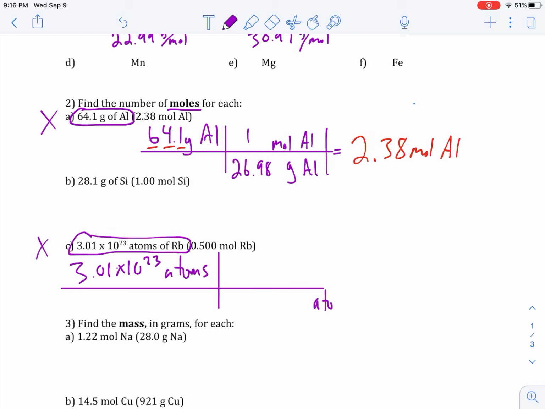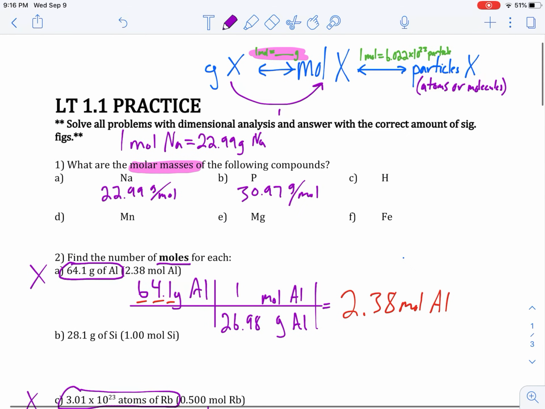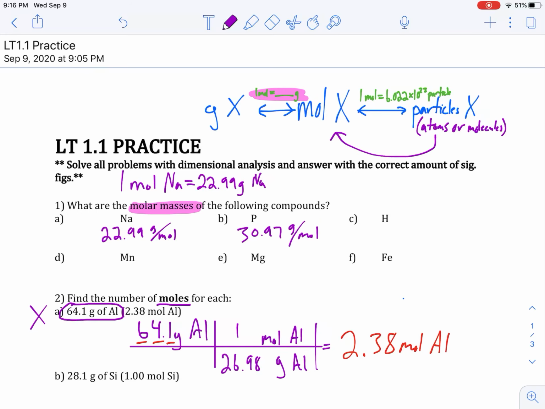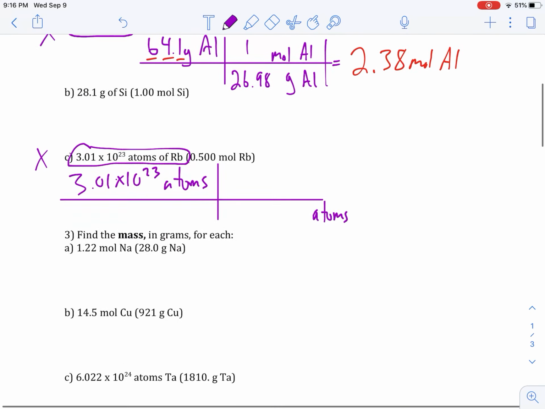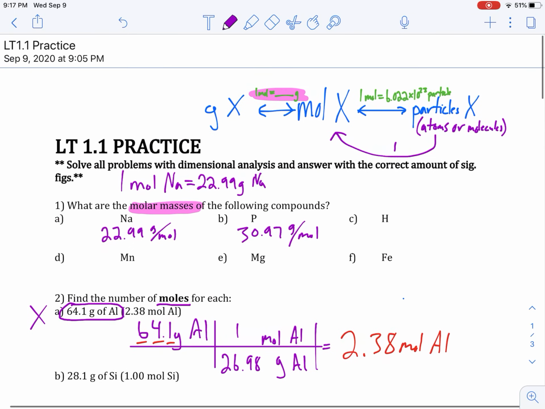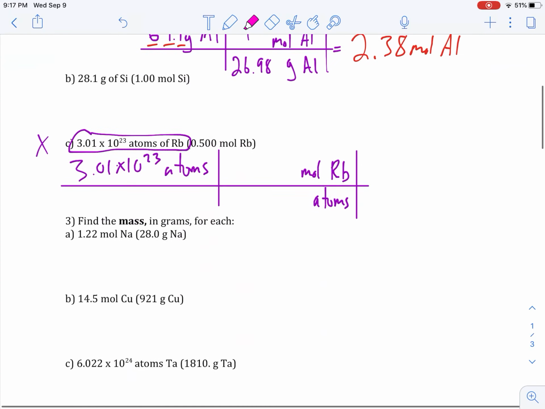So I'm going to cancel my atoms on bottom, and notice that I can convert from atoms to moles in one step. That conversion factor, regardless of what element it is, uses Avogadro's number.